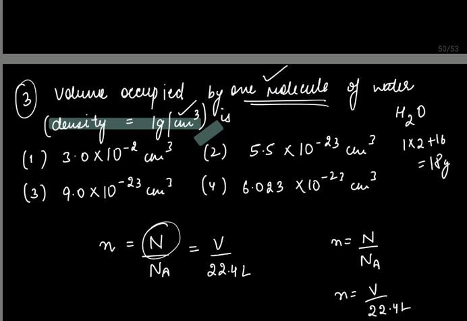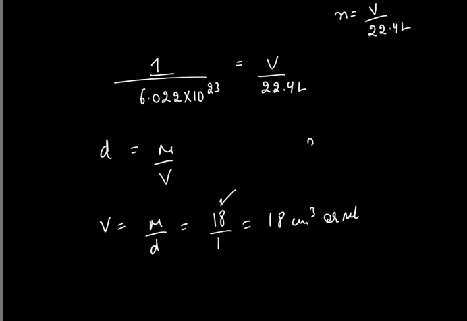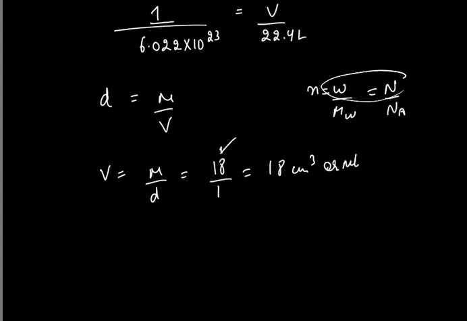But now they're asking one molecule, right? And how we figured it out, this one. We need to consider that number of moles is equal to given mass divided by molar mass, that is equal to given number divided by Avogadro constant. So these two are directly linked, given mass and the given number.